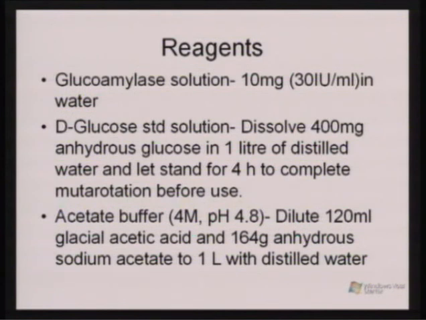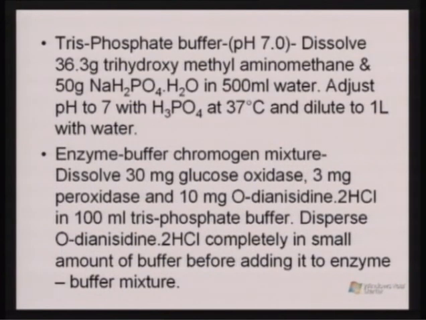The third reagent is acetate buffer, 4 molar. The pH should be 4.8. Dilute 120 ml glacial acetic acid and 164 gram anhydrous sodium acetate to 1 liter with distilled water. The other reagent is tris phosphate buffer, pH 7.